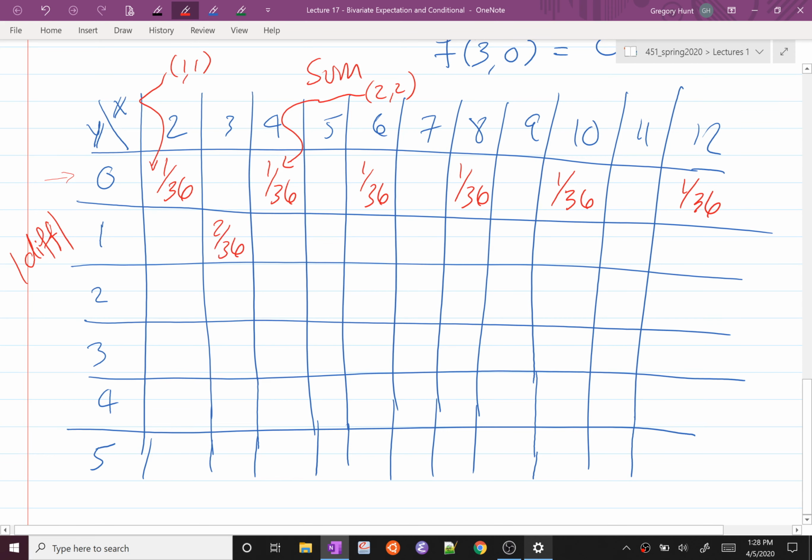So if the difference is 1 and the sum is 3, that would be 1, 2, or 2, 1. If the difference is 1 and the sum is 5, that would be 2, 3, and 3, 2. So 2 out of our 36 possibilities. And you can fill in the rest of the table this way.